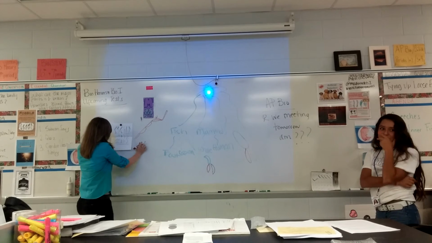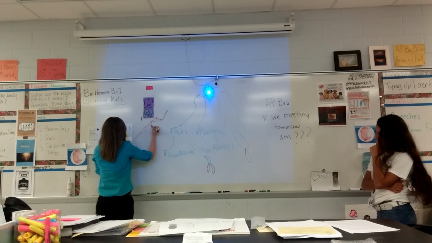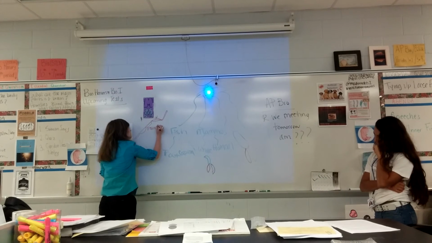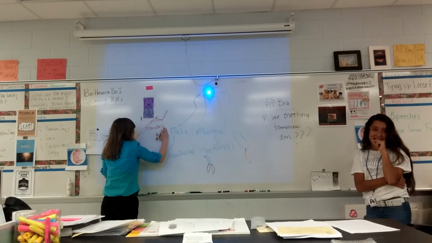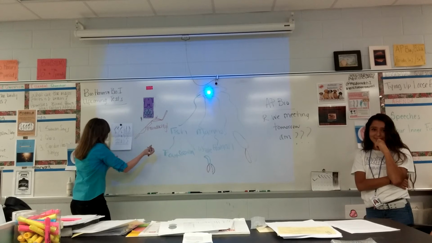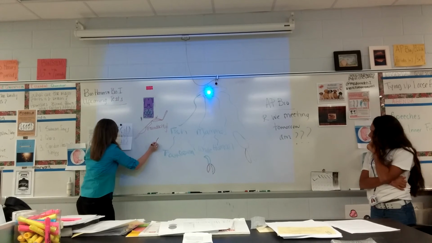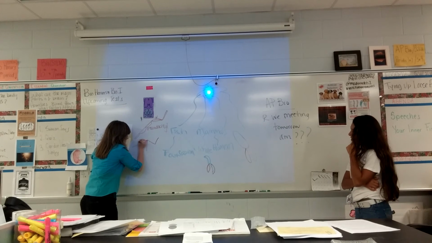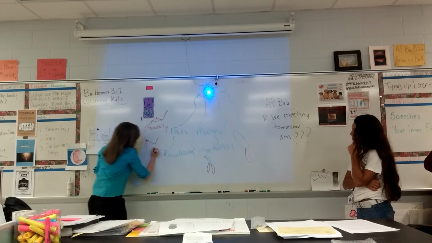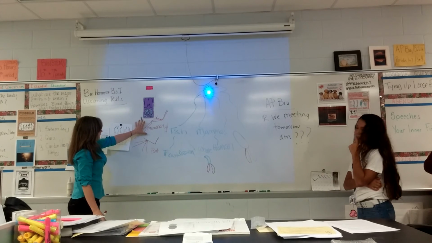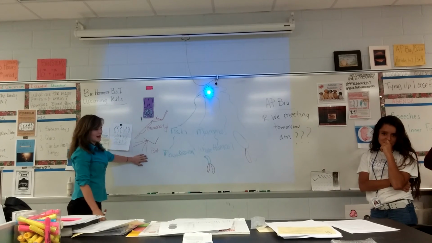And then this is a pterodactyl. And then you see a bat, for example. And this is a bat's arm. So this is a pterodactyl, and then this would be the bat's arm.